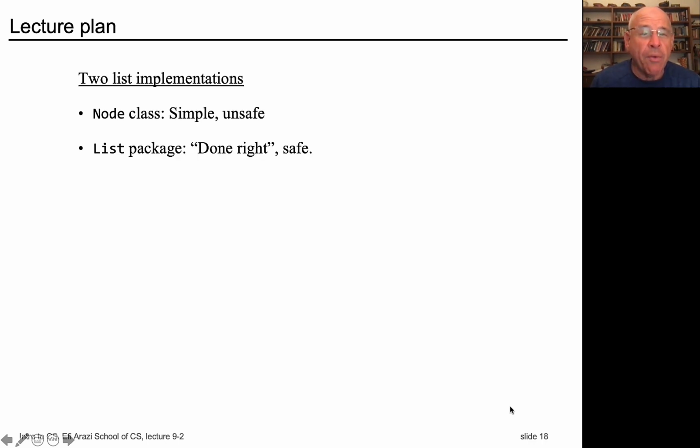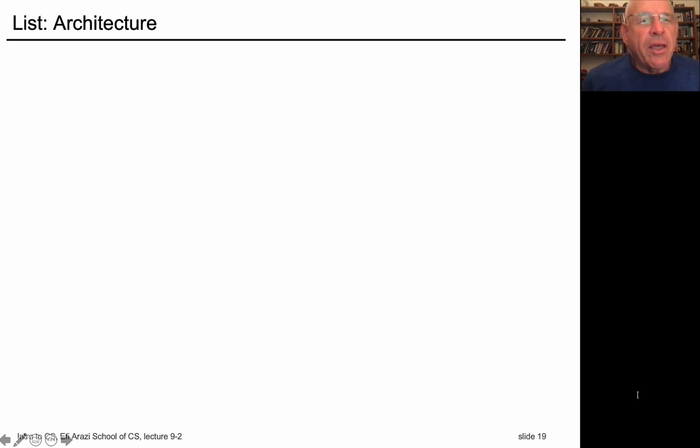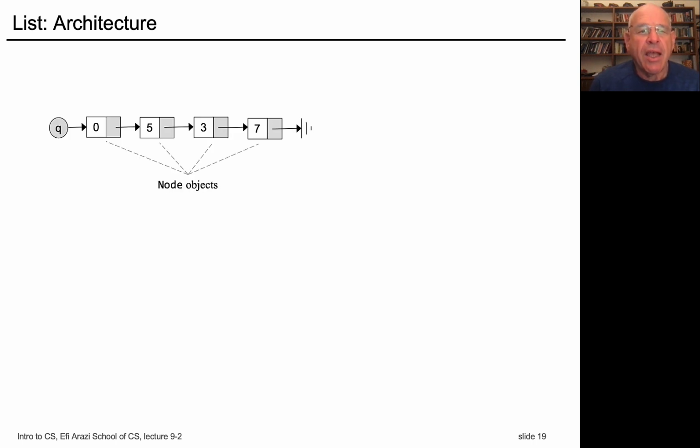Alright, so with that in mind, we will now look at the right way of building lists, and this is what we'll do from now until almost the end of this lecture. So, here's the architecture of my second implementation of lists.